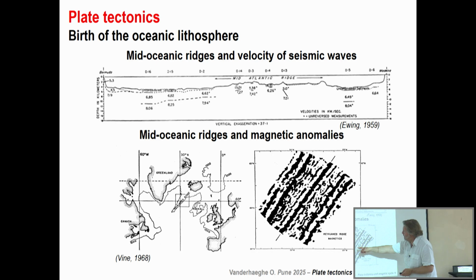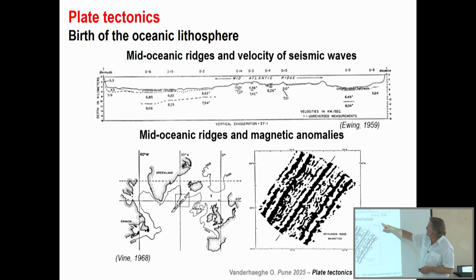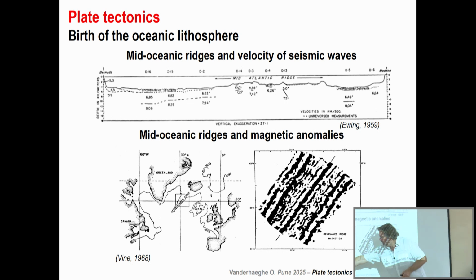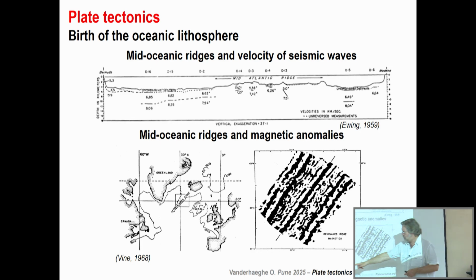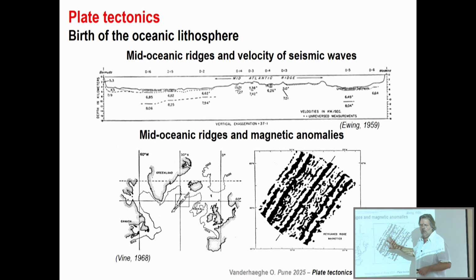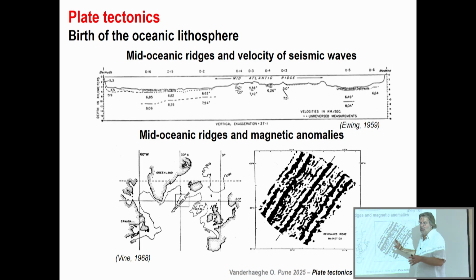Here are the magnetic anomalies. That's the original image from Vine 68. All of this is now easy to find with the internet. If you take just a reference and put the correct words like magnetic anomalies, you find this.